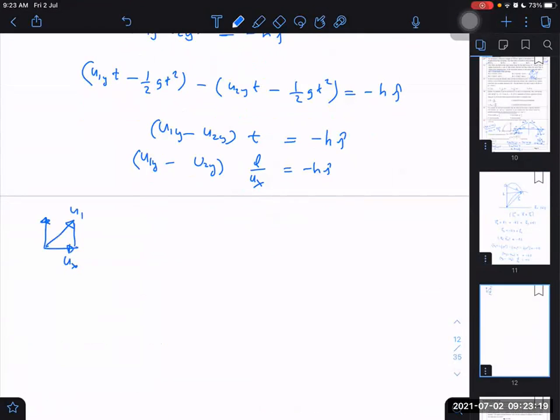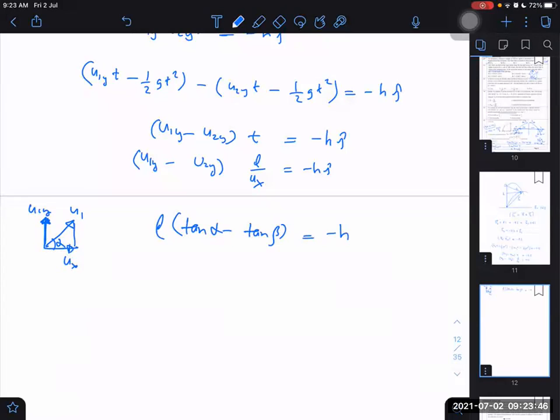How do I know? Time taken by both along horizontal is same and displacement is same, so Ux is the same. For the upper one the angle was alpha, so U1Y upon Ux is tan alpha, perpendicular upon base. Tan alpha minus the other one, tan beta, into L is equal to minus H.